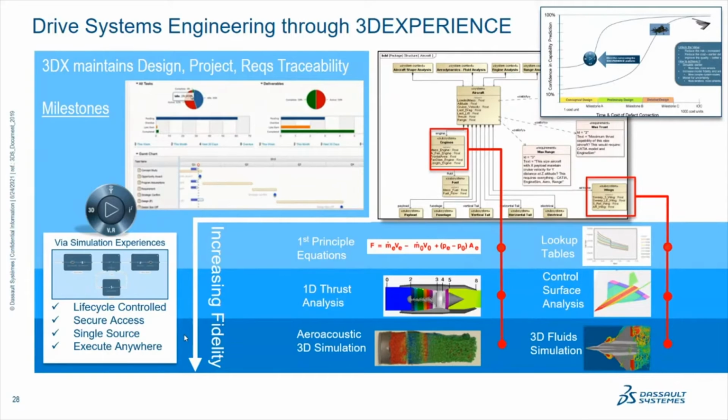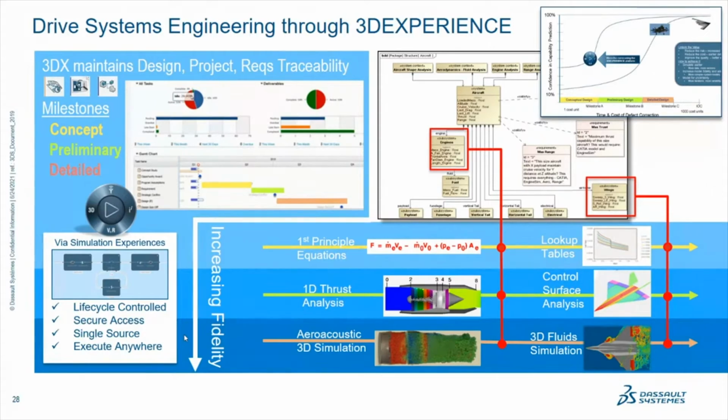And so now, instead of using just Cameo and your system architecture model in the concept stage, you can extend that to the preliminary design stage as well as the detailed design stage by making use of these higher fidelity simulations.